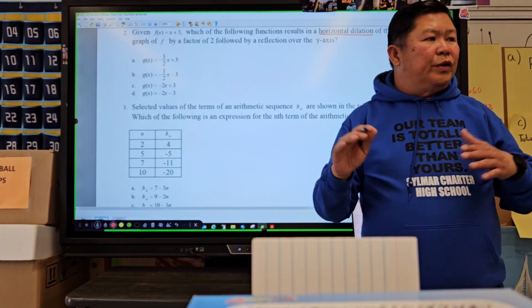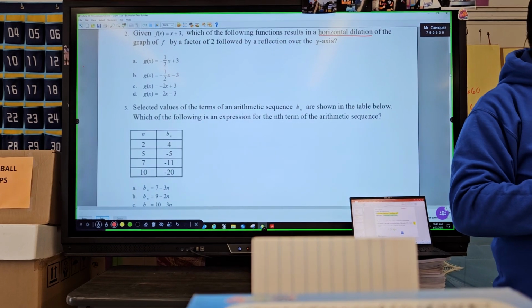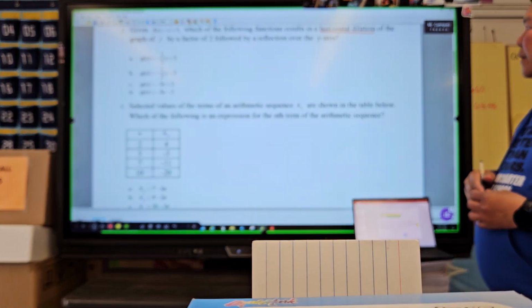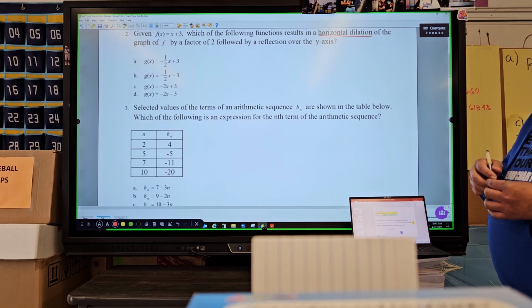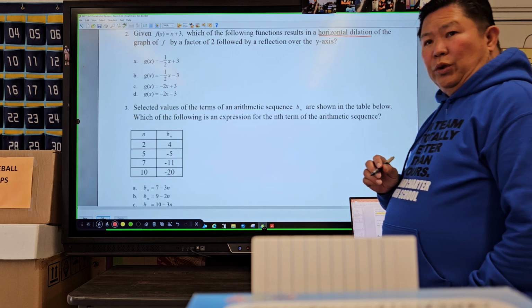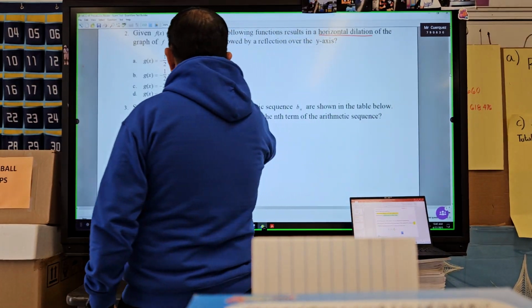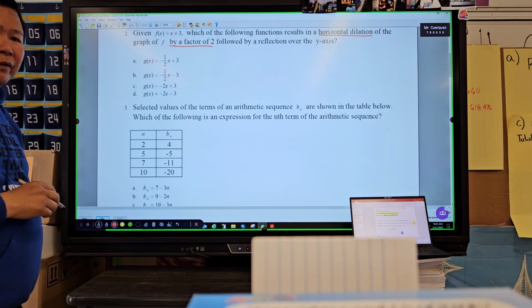So when we say horizontal dilation, it's along the x-axis, right? And what else are we gonna highlight here? By a factor of 2, okay? Horizontal dilation by a factor of 2. Please highlight that also if you have a highlighter.